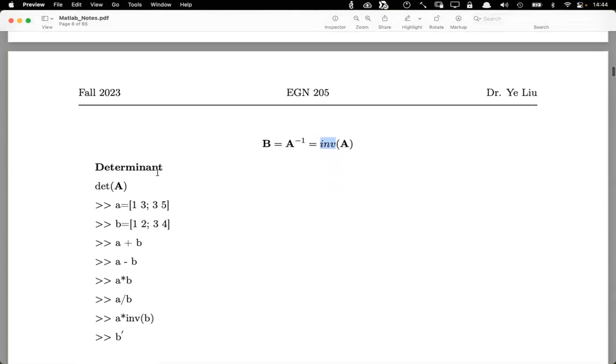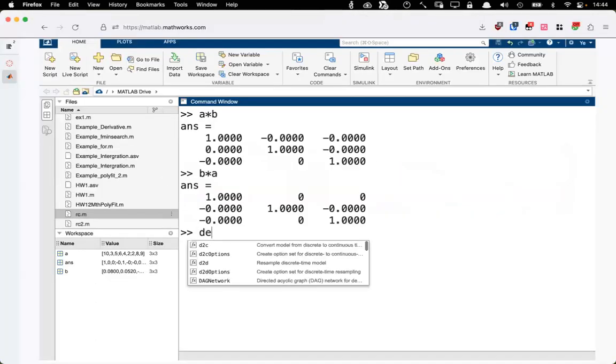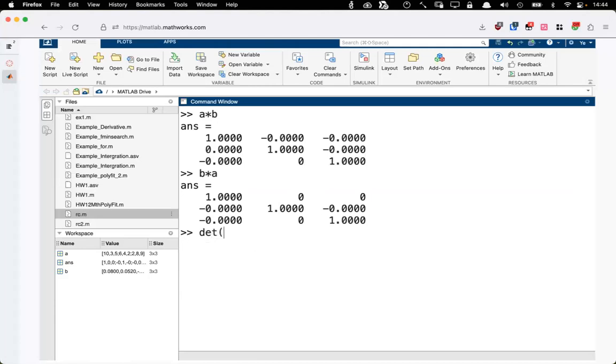The last one for the matrix is the determinant. For the determinant, we use this function, det. We can still use this one. det A. So this is 250. The determinant of a matrix is just a number.